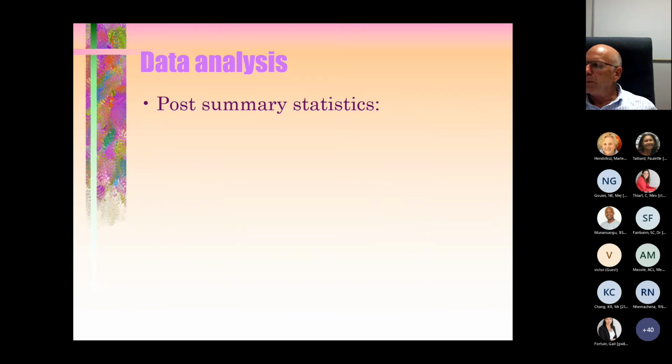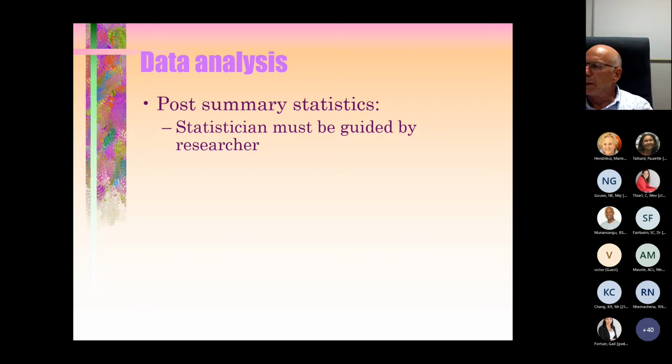Okay, so once we've done the summary stats, this is as far as I can go as the statistician without any prior information as to what the objectives are. I can do the summary statistics, but after that we must be guided by the researcher on what further analysis needs to be done.